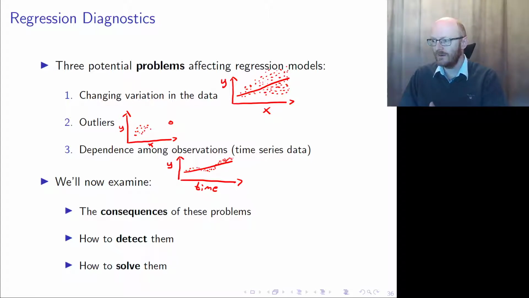Sometimes they are above the line and sometimes below the line, and there is a persistent pattern or seasonality to it. So we're going to see the consequences of these problems, how to detect them, and how to solve them.